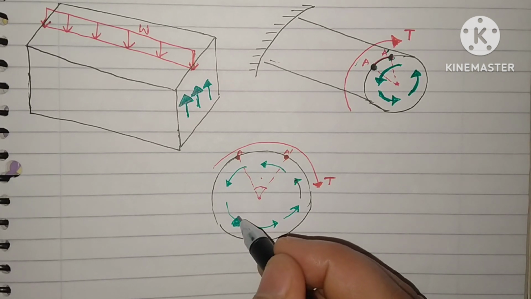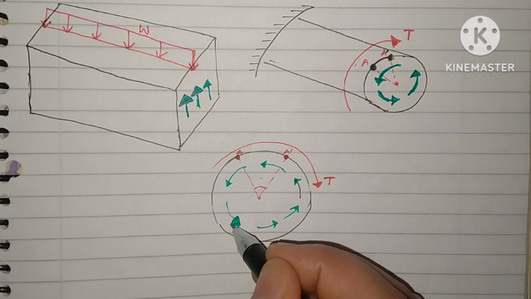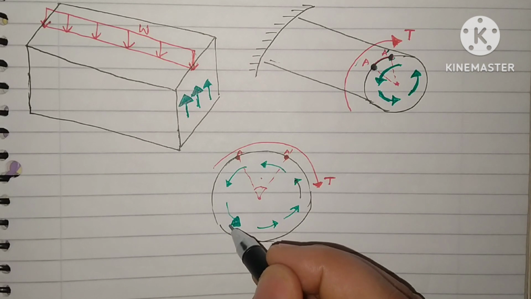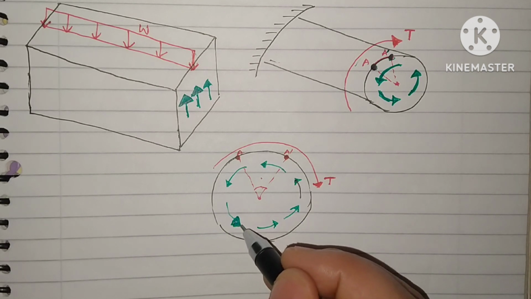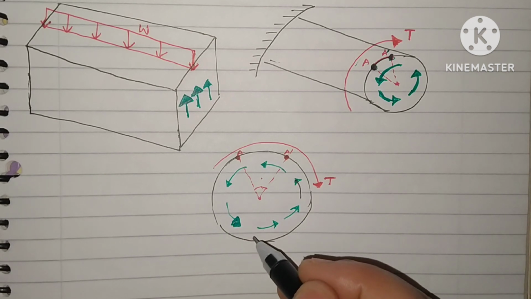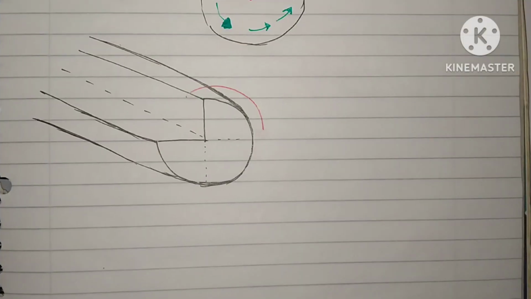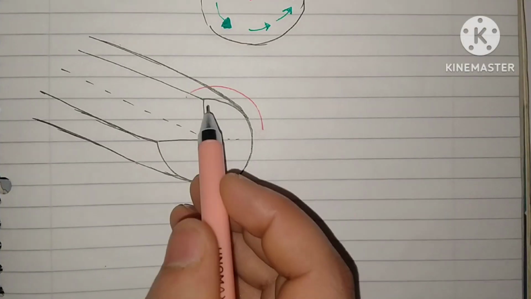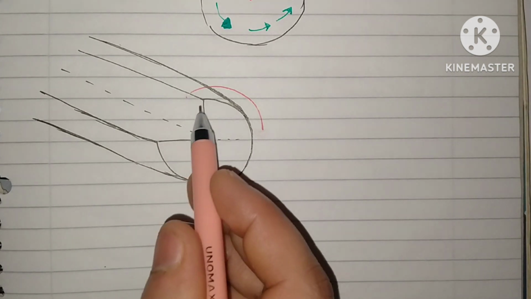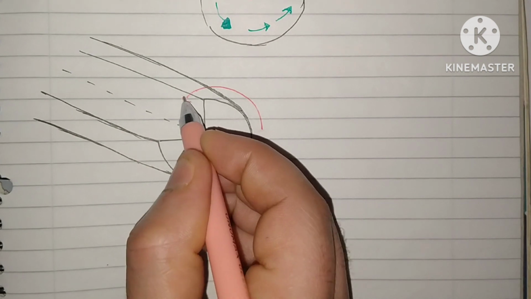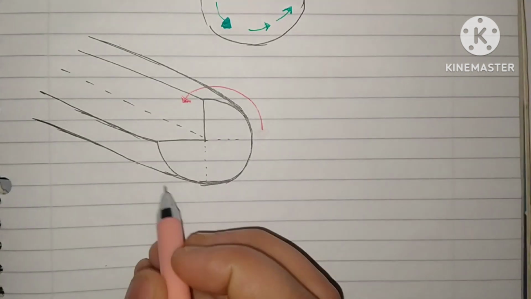These shear stresses are also accompanied by the conjugate shear stresses that we have discussed, that the shear stresses are in conjugate pairs, and the conjugate shear stresses are equal in magnitude but opposite in direction. In order to visualize this, for better visualization, I have cut a quarter portion of the shaft and removed it, and it is subject to the torque like this.